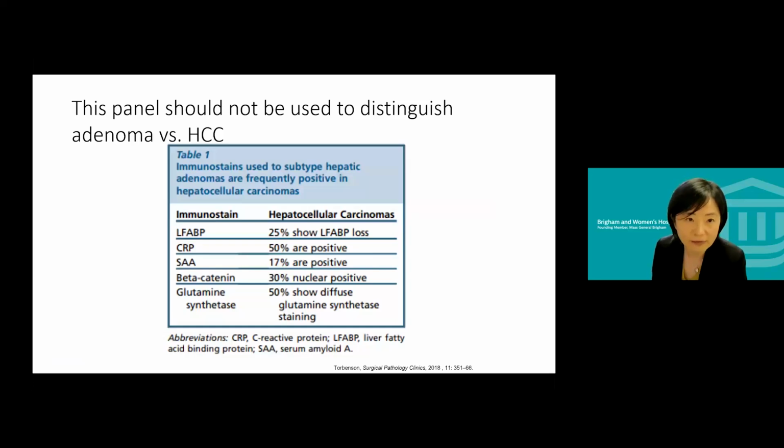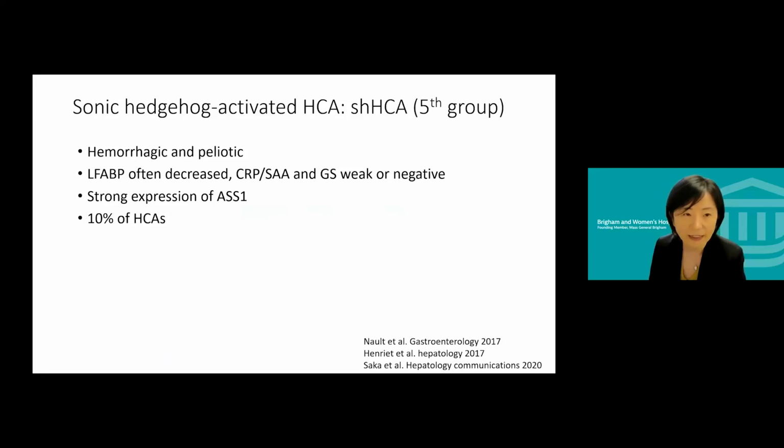And we already heard about this. This panel should not be used to distinguish adenoma and HCC because a significant number of HCC can have positive staining with these markers. And more recently, a fifth group of adenoma has been reported. These adenomas can have an increased risk for bleeding, but the marker they recommend is ASS1, which does not work very well in most labs.